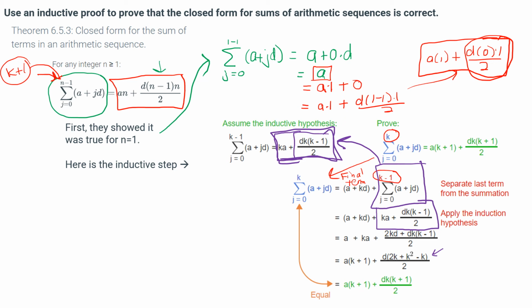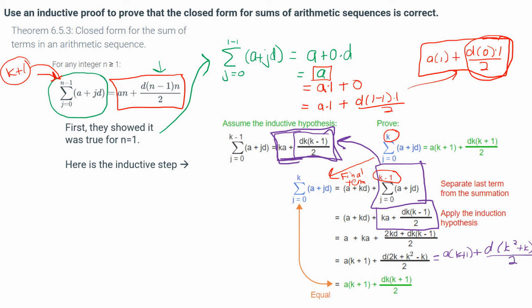Let's see, I'm going to just do this so that we write the whole thing out. It's a times k plus 1 plus d, and then inside here it's just going to be k squared plus k, right? All over 2.